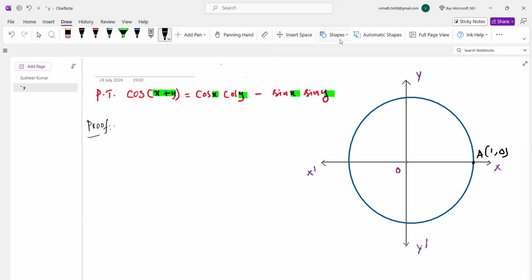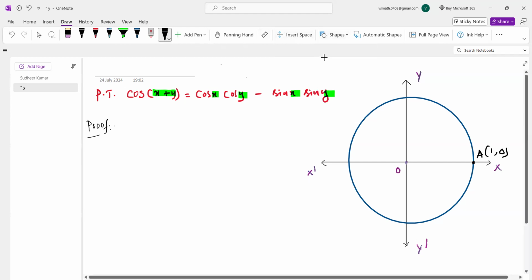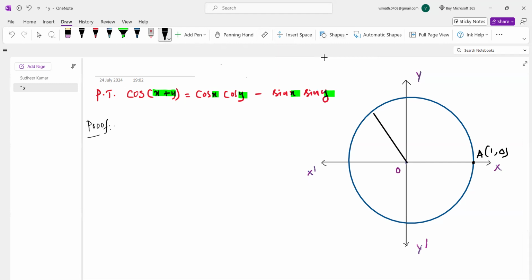Draw another line OB. So let's consider this as B, which makes angle X. Now draw the other line.